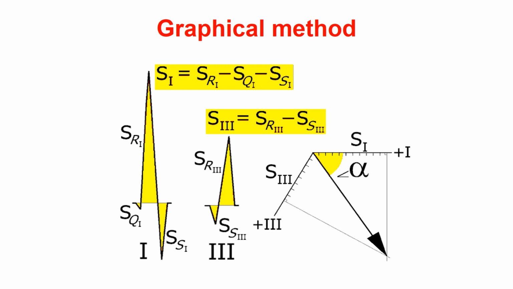These values, corresponding to the algebraic sum of the amplitudes of the waves, actually represent projections of the desired electrical axis of the heart on axes 1 and 3 of standard leads. From the ends of these projections, perpendiculars to the axes of the leads are restored. The intersection point of the perpendiculars is connected to the center of the system. This line is the electrical axis of the heart.